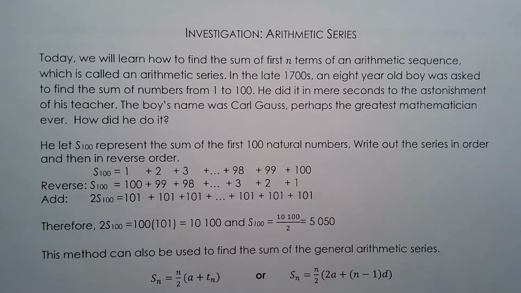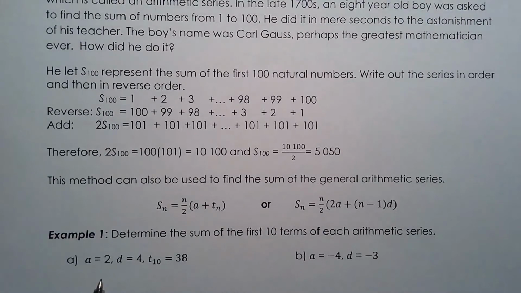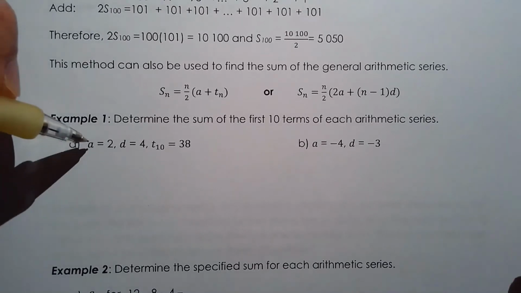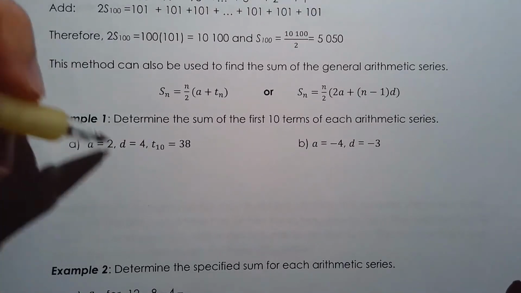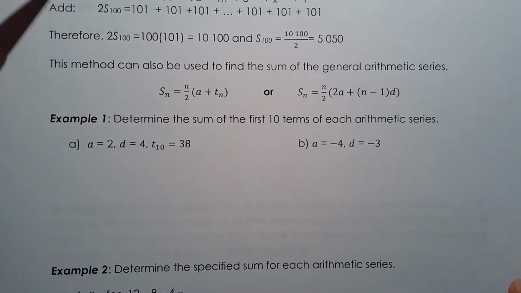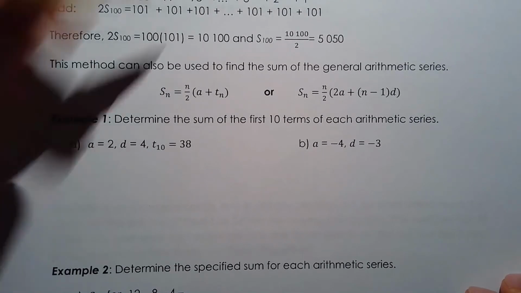So you know what? Let's try to use the formulas. Determine the sum of the first 10 terms of each arithmetic series. So for A, we're told the first term, we're told the 10th term, and we know the common difference. We don't really need to know the common difference, because if I know the first term of the arithmetic series and the last term, then I can find the sum rather easily.